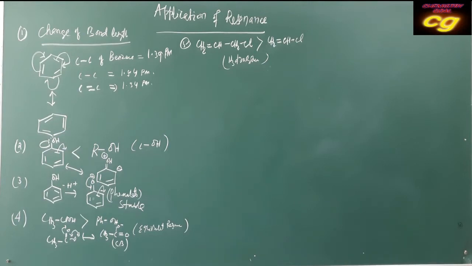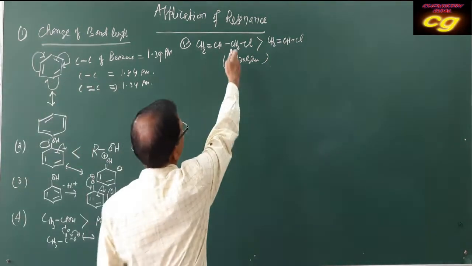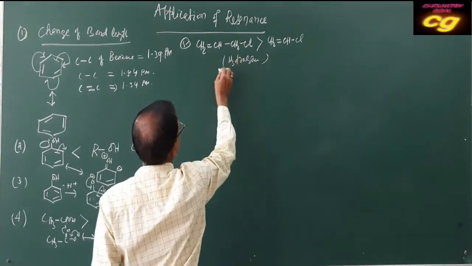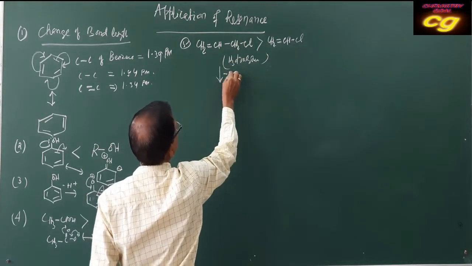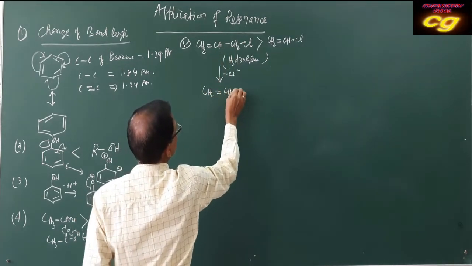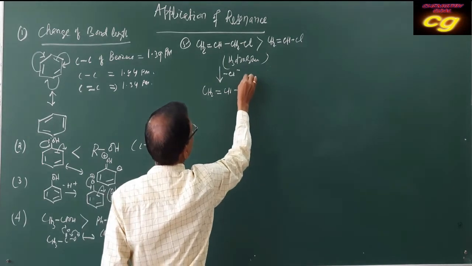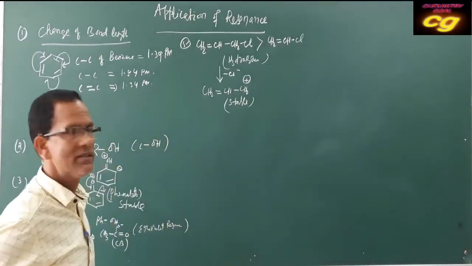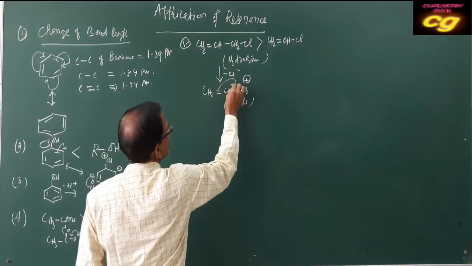Allyl chloride easily hydrolyzes compared to vinyl chloride, because after losing Cl minus it produces a stable carbocation, stabilized by resonance.